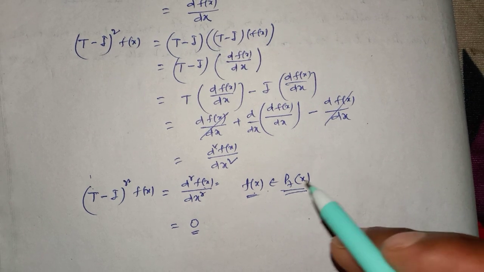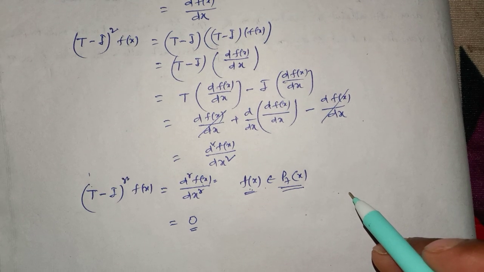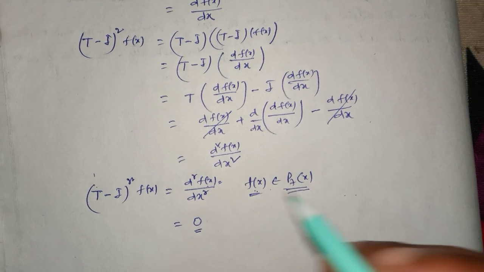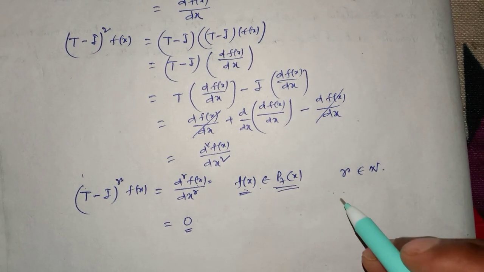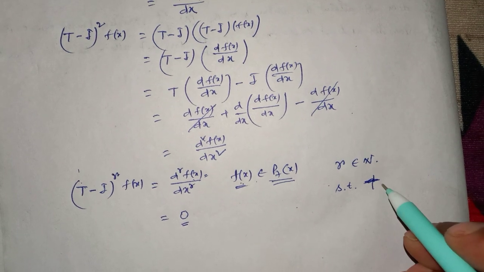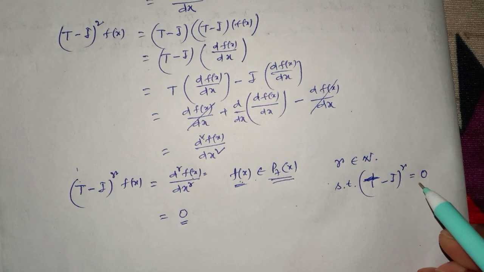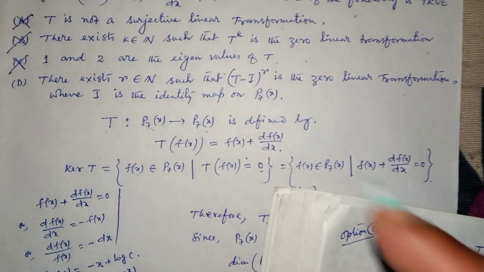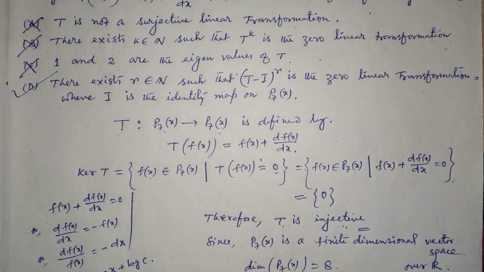When we differentiate f(x), we get a constant term at last, and the derivative of the constant is 0. So there exists r belongs to natural number such that (T − I) to the power r is the zero transformation. Therefore option D is true. Thank you.